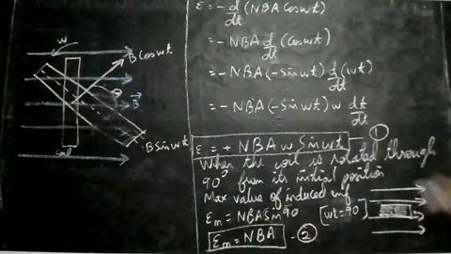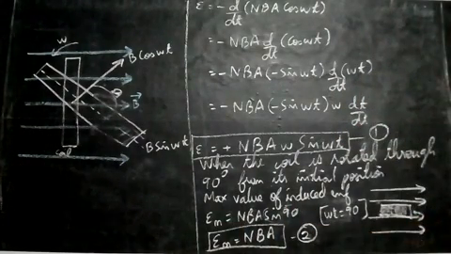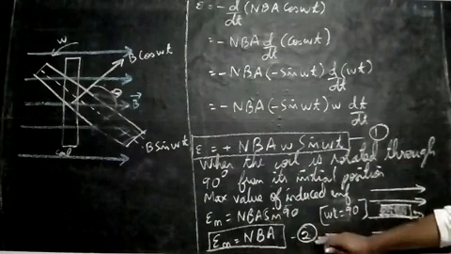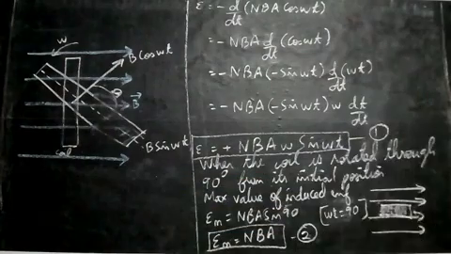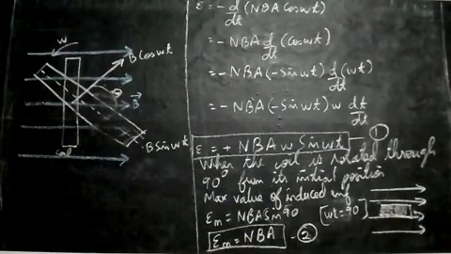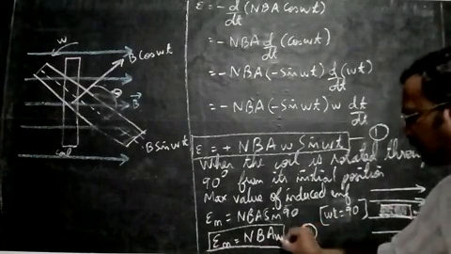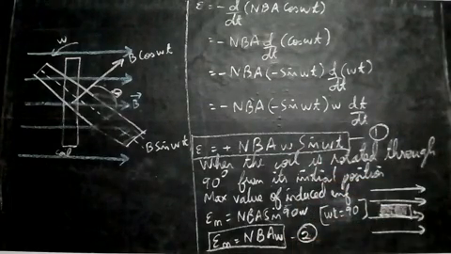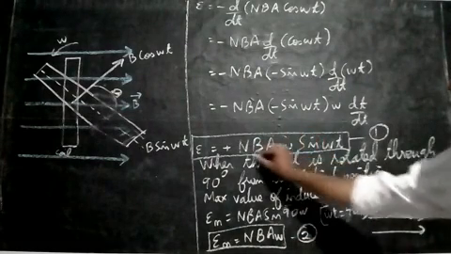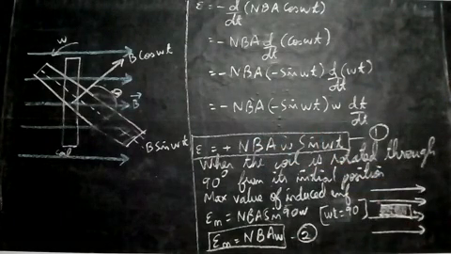So now we got equation 1 and equation 2. We're going to substitute equation 2 in equation 1. Let me write equation 1 and 2 on this side, then I erase this side. And one more thing I have forgotten, that is omega. You should write omega also here. So equation 2: instead of NBA omega, we're going to write epsilon m.